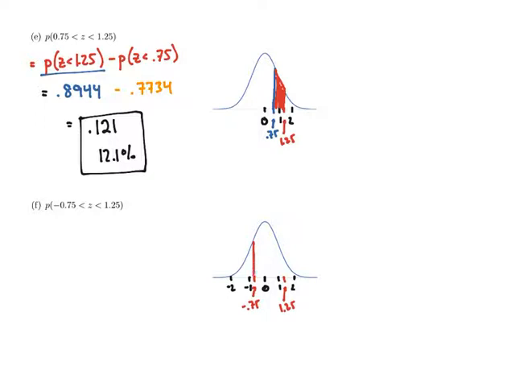And our area is in between those. So we use our z-score table. We're going to find the probability that z is less than the bigger thing minus the probability that z is less than the smaller thing.